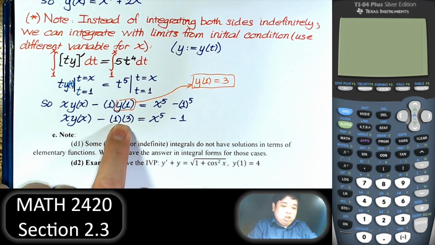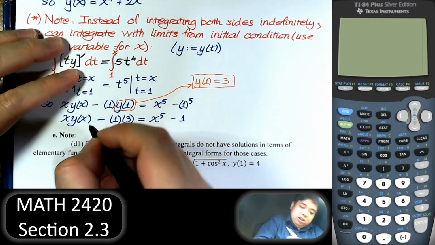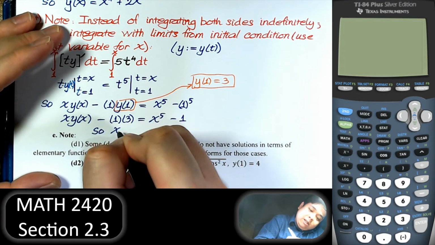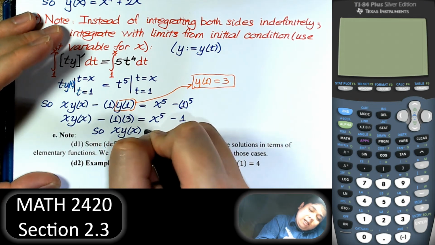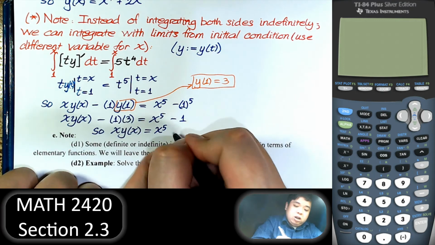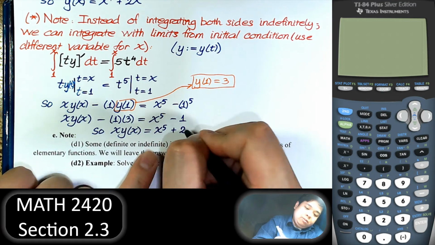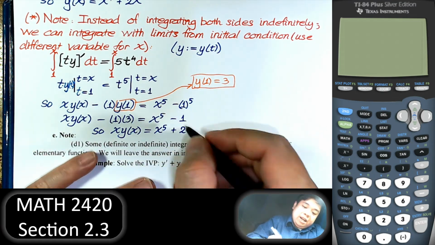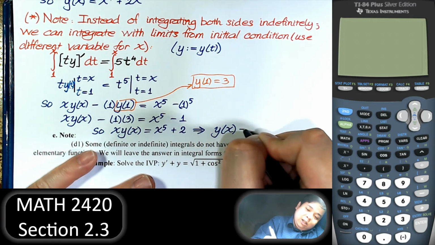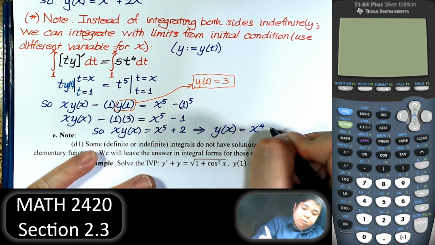So plus 3 on both sides. So I have x times y of x equal to x to the fifth plus 3 on both sides, plus 2. 3 minus 1 is 2. And then divide by x on both sides. So y of x equal to x to the fourth plus 2 over x.